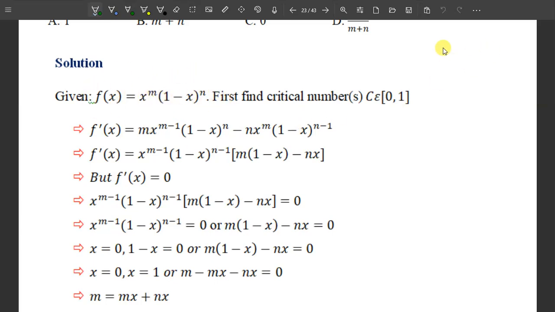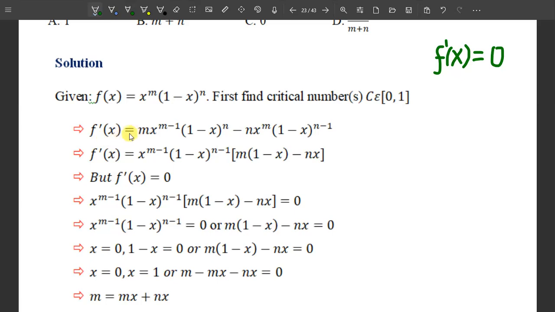The critical number is always obtained where f prime of x is 0, where the slope of the tangent line is 0, which means that at the absolute maxima, absolute minima, local maxima or local minima, the slope of the tangent line is always 0, since it is a horizontal line. Okay, now let us differentiate this one, f prime of x.